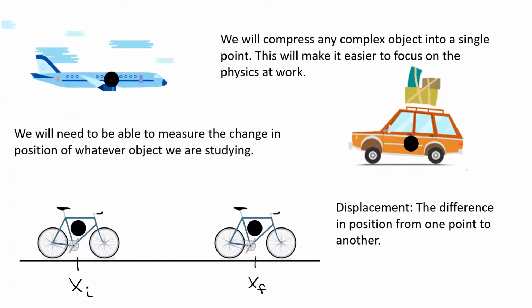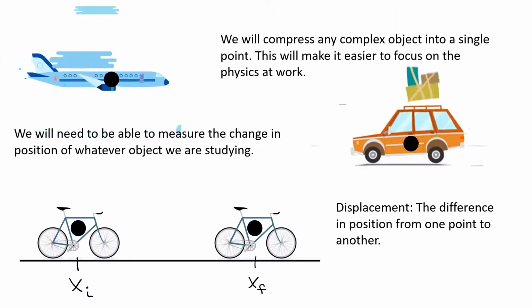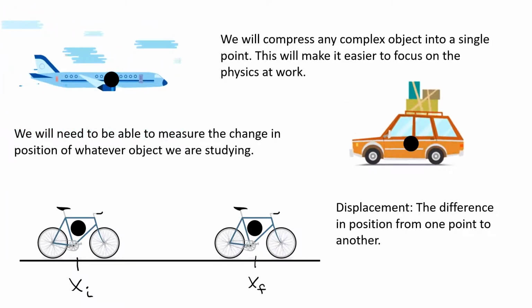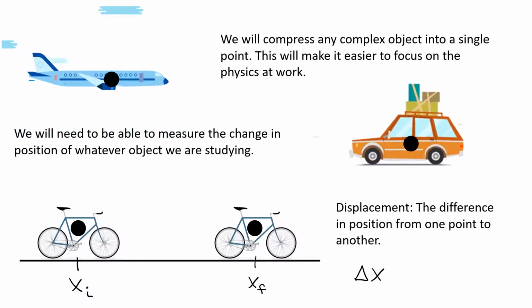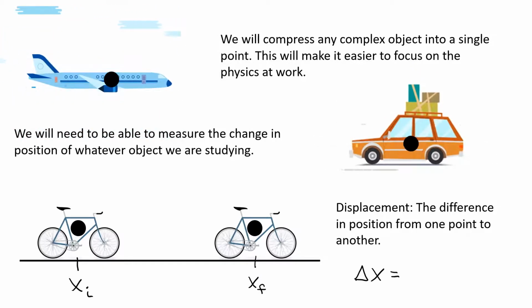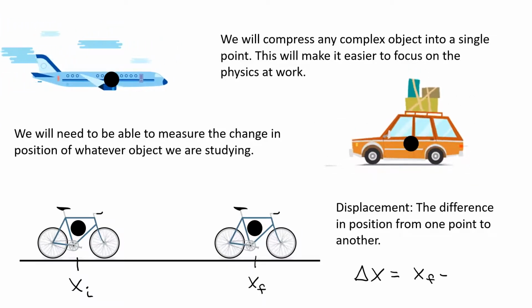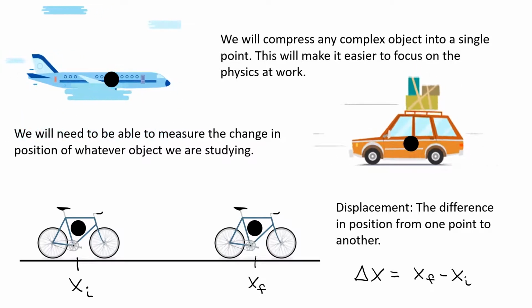Typically it's written as a delta x. That's the Greek letter delta, it's just a triangle. Delta x equals final position minus initial position.